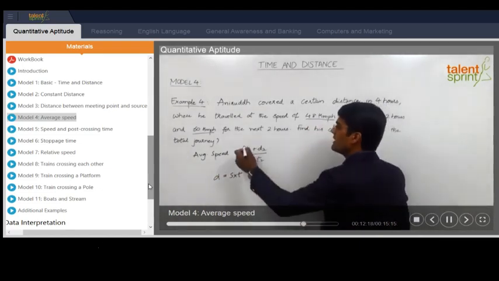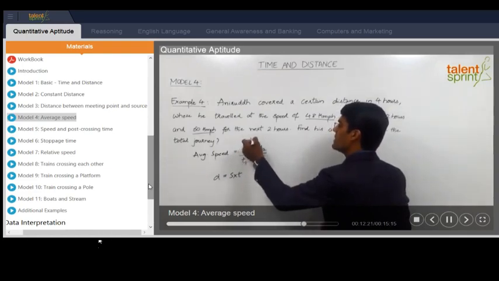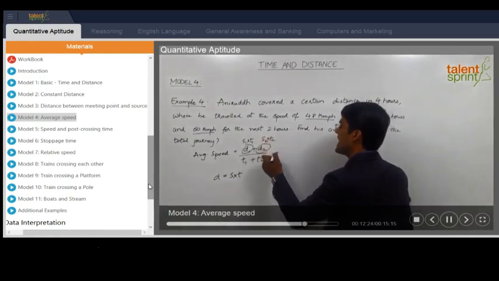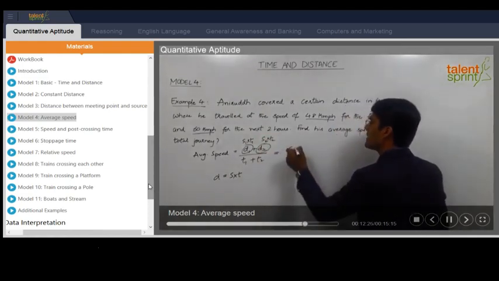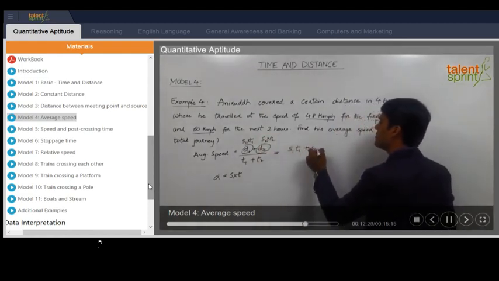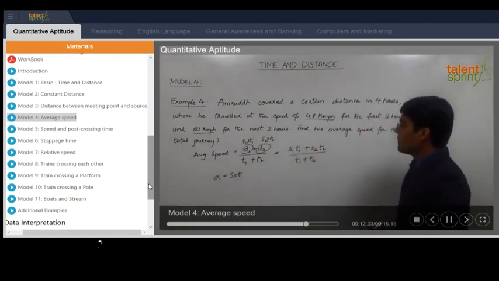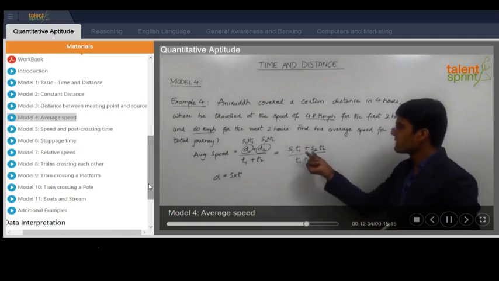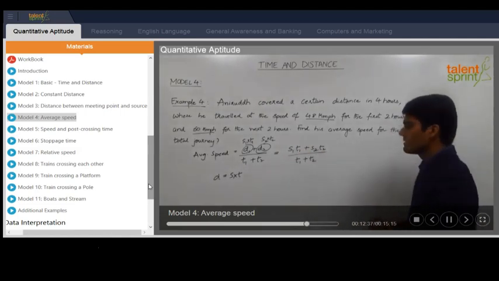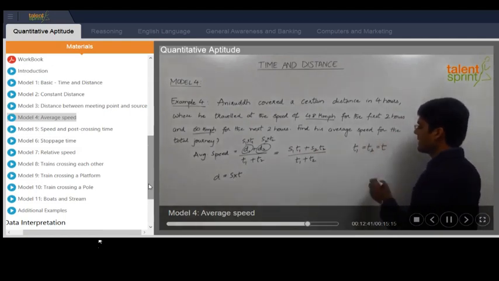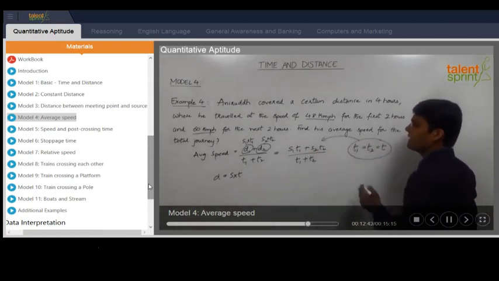So D1 here will be equal to S1 into T1, and D2 will be equal to S2 into T2. So we can say that the average speed will be (S1T1 plus S2T2) divided by (T1 plus T2). But as given in the question, both the time intervals T1 and T2 are equal. So let us assume that T1 is equal to T2 is equal to T. Now substitute this in the average speed equation.